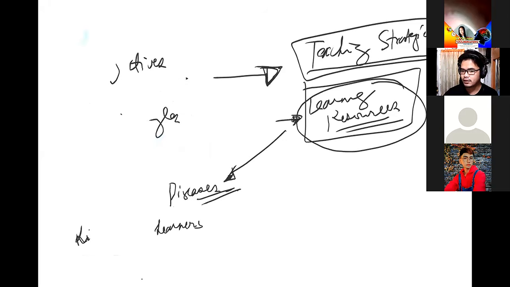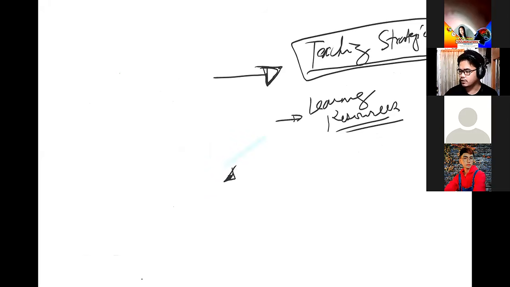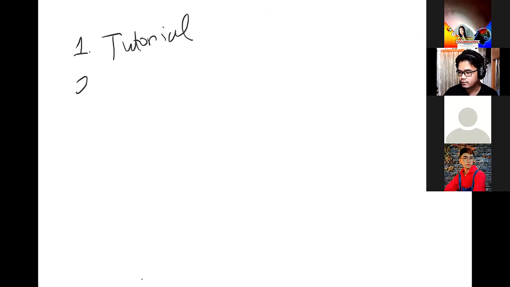In summary, ladies and gentlemen, now that we know the definition of educational technology, educational technology has in fact four uses. What are the four uses of educational technology? Number one, tutorial. Number two, exploratory.